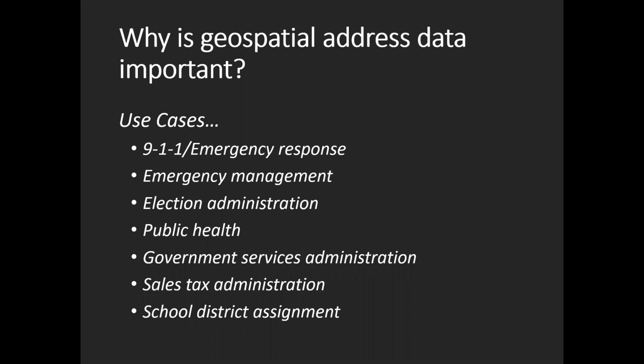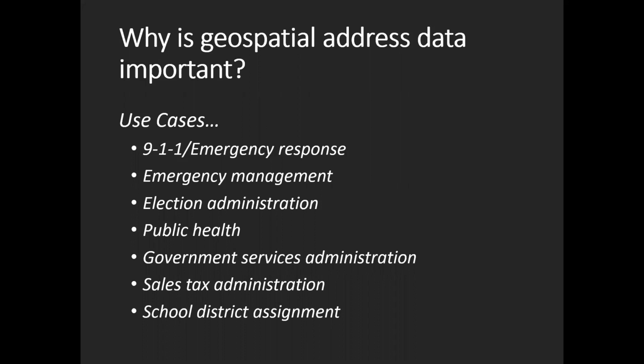Obviously, I put 911 and emergency response first because if you're in that situation where you're having to dial 911, you don't want it to be hard for those folks to find you, whether that's law enforcement, ambulance, fire truck, whatever. And again, as you see, several of these things are governmental related.